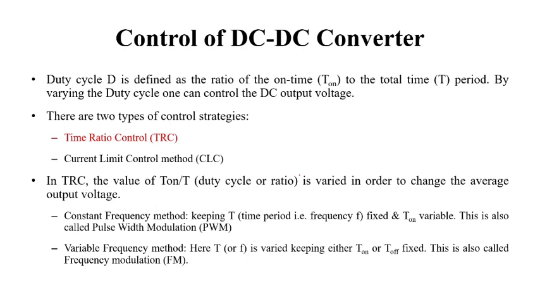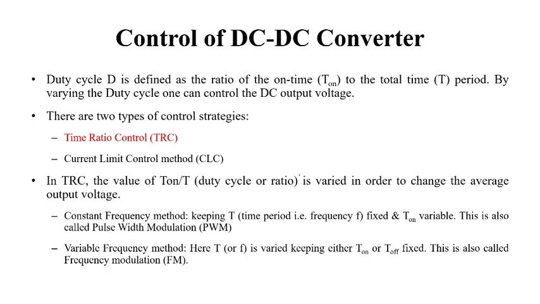There are basically two types of control methods or strategies to control the output of DC to DC converter. The first method is time ratio control, TRC. The second is the current limit control method, CLC. In this session, we are talking about the time ratio control only. We are not going to discuss the current limit control.